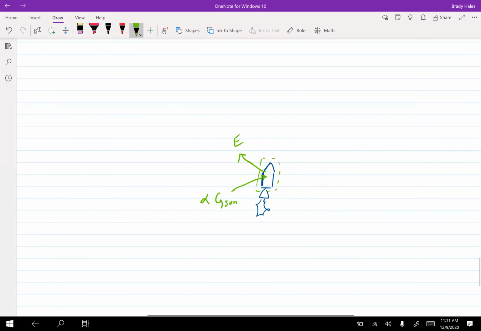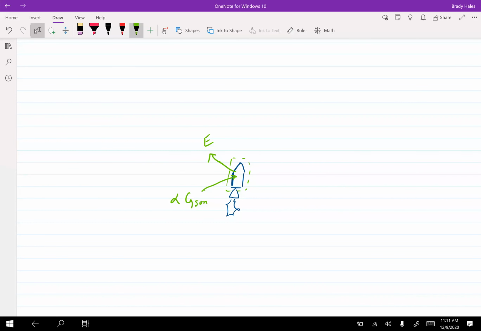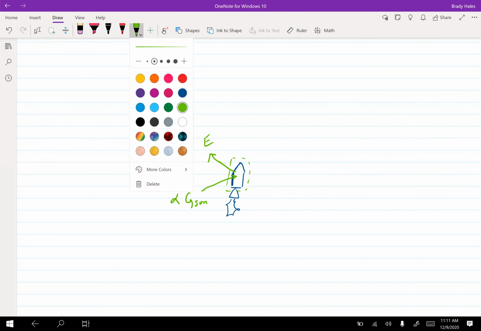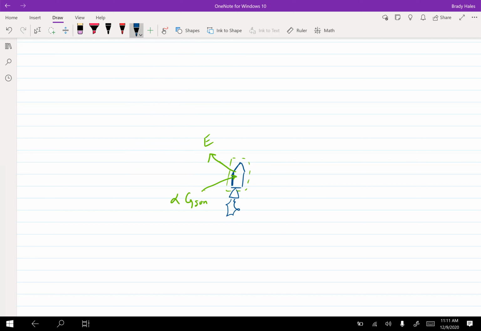Okay, the other way to set this up, if you wanted to use radiosity, right? Maybe I do it in red instead, right? So radiosity would be something you would have J coming out, and you would just have G coming in.